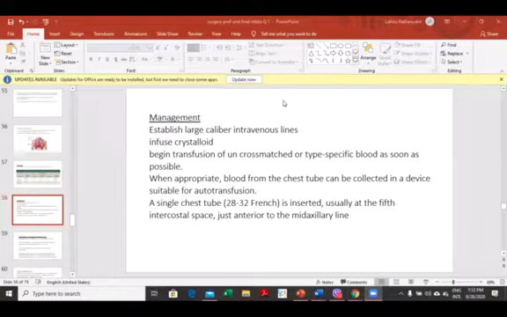In conditions other than massive hemothorax, what are the indications for thoracotomy in major trauma? When do you go for thoracotomy in major trauma? Other than massive hemothorax, what are the conditions? Emergency or urgent thoracotomy, what are the indications?